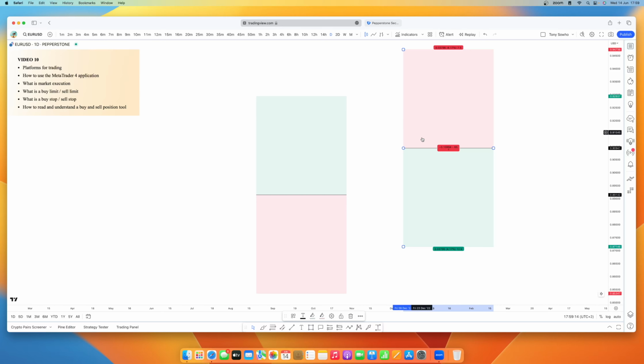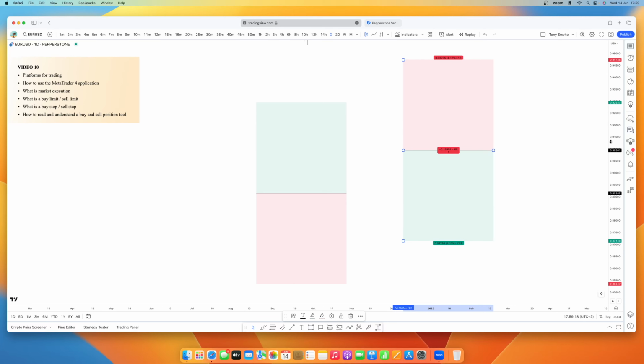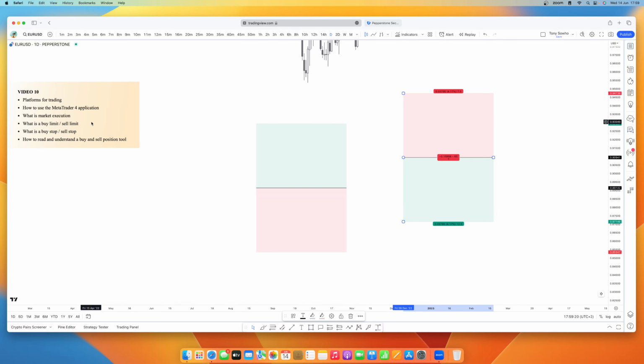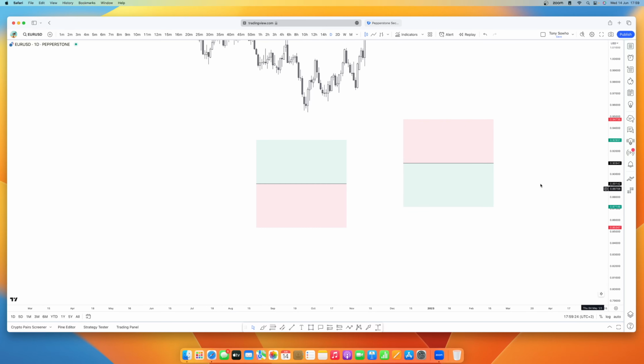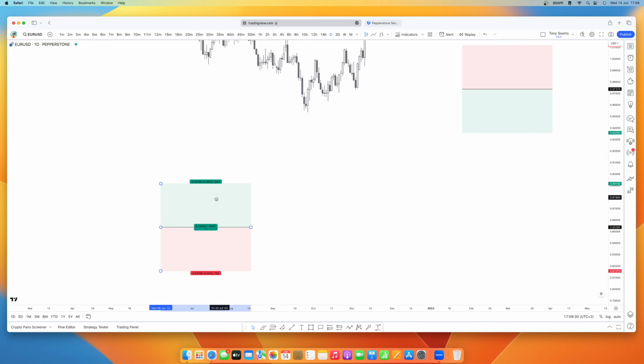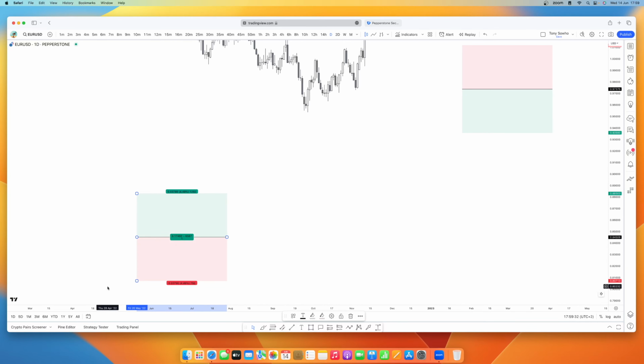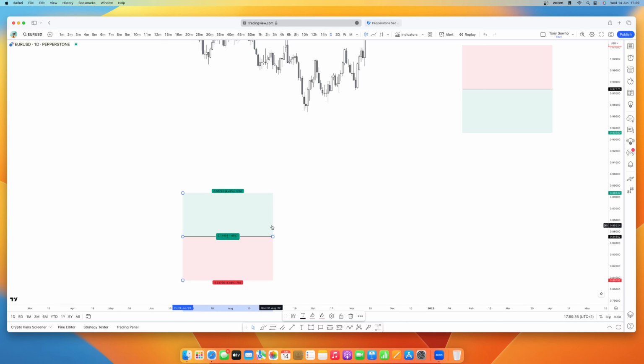All right. So I'm just going to do this for the purpose of this call. I'm just going to take this away and do something like this. So we can have this one above up here, and we can have this one down here. So I can decide that maybe Euro USD now, I want to buy Euro USD.